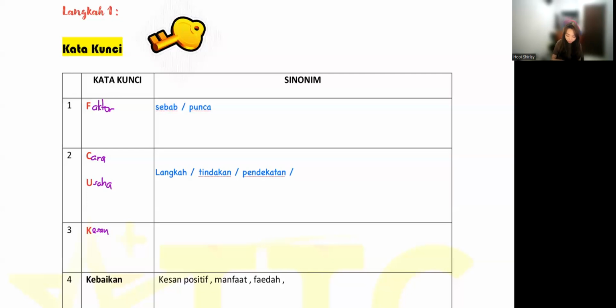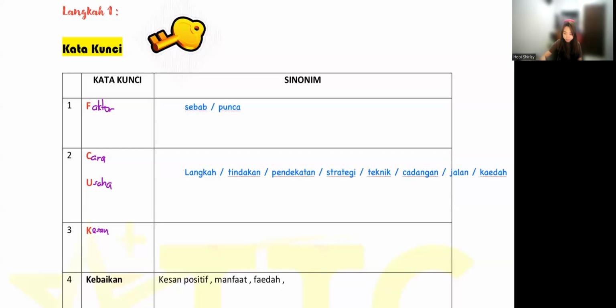Strategy. Teknik. Cadangan. Jalan. Also kaedah. These are all synonyms.